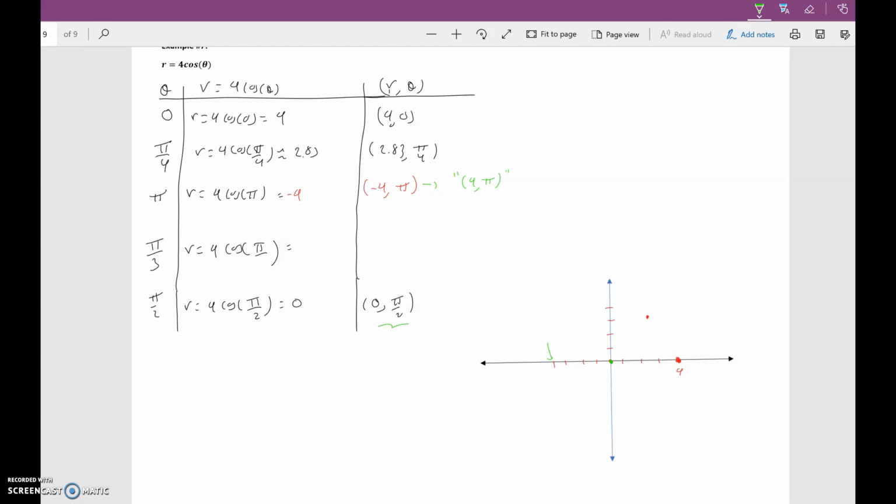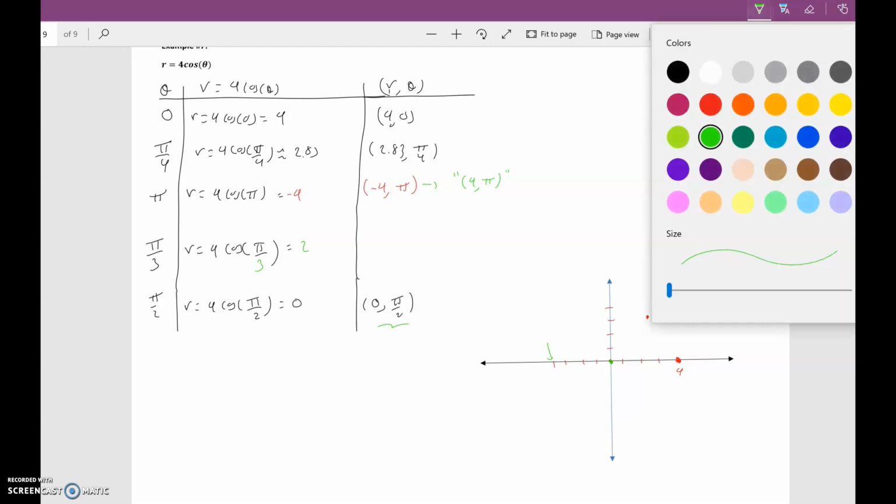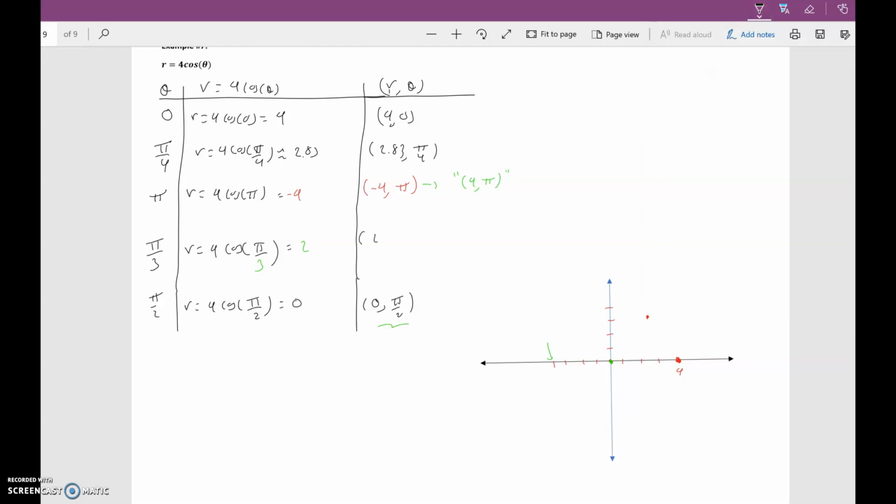Let's do pi over 3. And this one gives us 2. So we're technically looking at this one being 2 comma pi over 3.